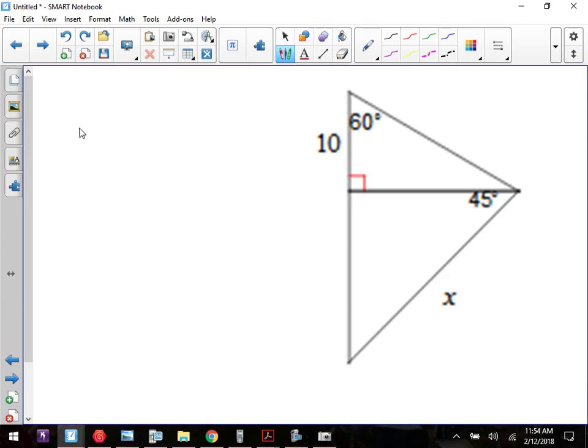Now, in the past, what we've been doing is that we've been solving for all the missing side lengths, which hasn't been a big deal, because it's all the same process each and every time, just different numbers. What's different here is that it's technically only going to be asking you to find one side length. And it becomes more or less up to you. Remember, this is just the missing side.